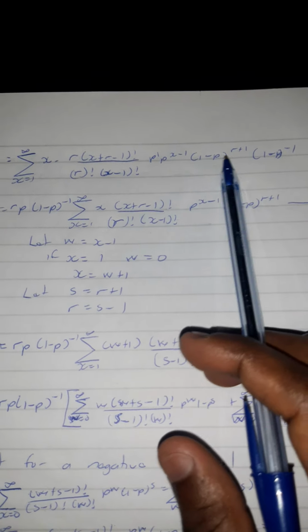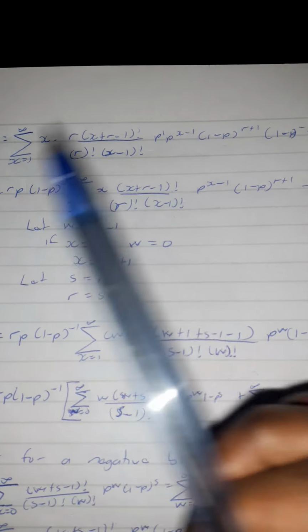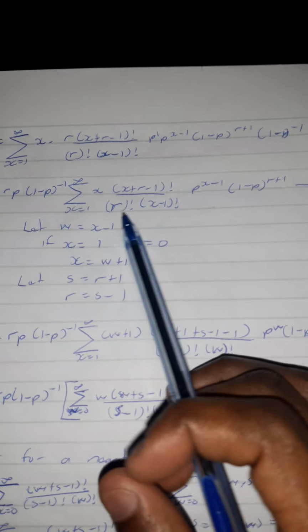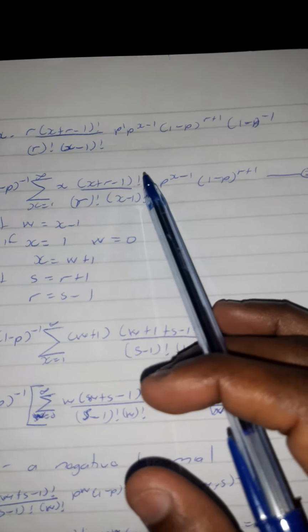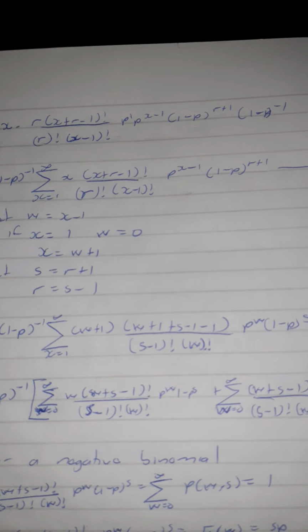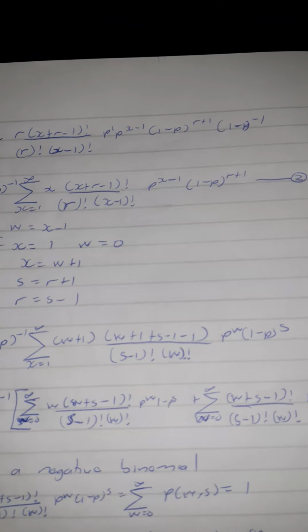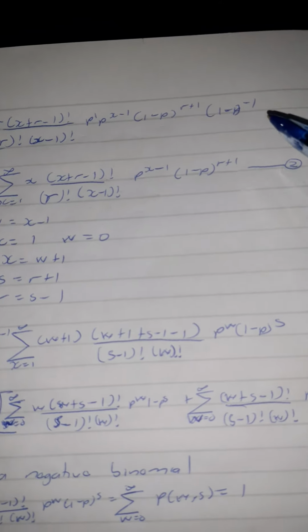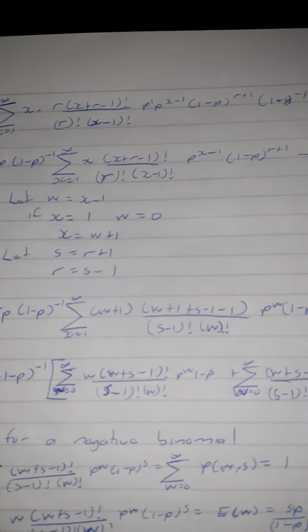Then we have to pull out the constants to be rp(1 minus p) to the power negative 1, summation from x equals 1 to infinity of x times (x plus r minus 1) factorial over r factorial (x minus 1) factorial, p^(x−1) (1 minus p)^r, which gives us equation 2.